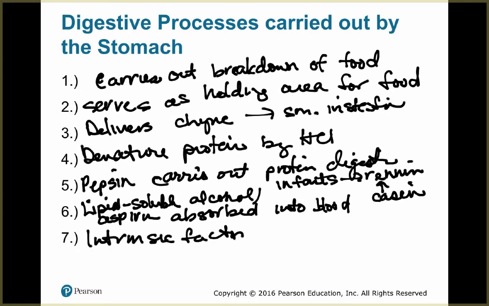And if you remember, intrinsic factor is for the absorption of vitamin B12. And why is vitamin B12 important? Because it's needed for red blood cell maturation, right? And it can lead to pernicious anemia if you lack this intrinsic factor. So these are all the different digestive processes that are actually carried out by the stomach.